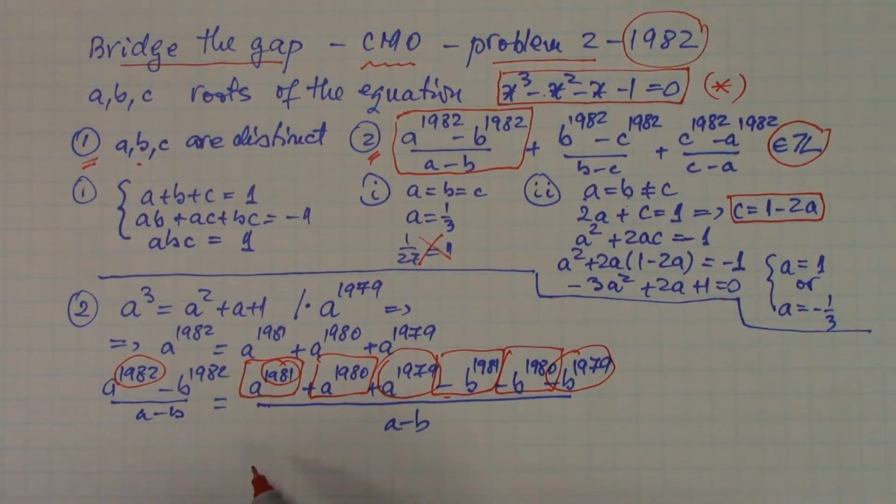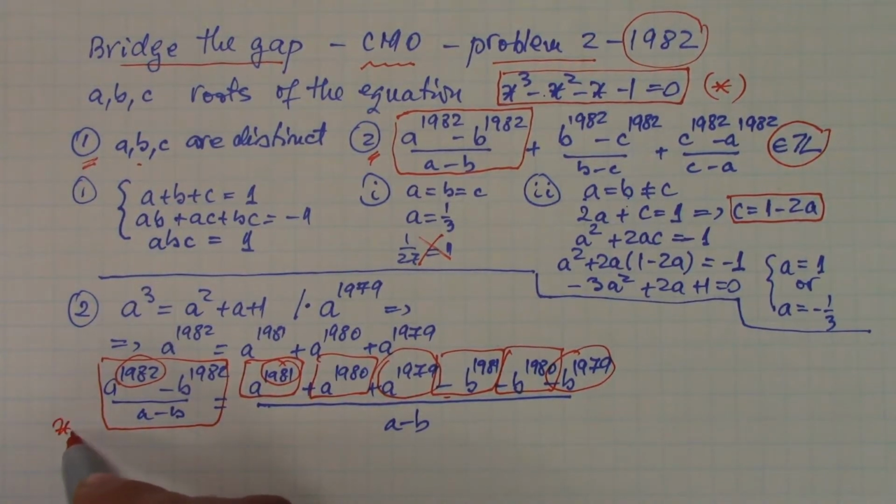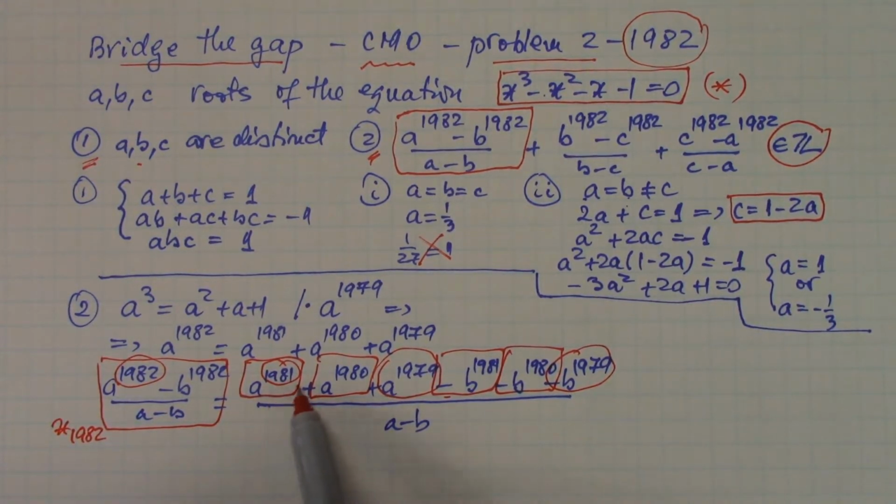So this makes me think, well, I need to set up a recursive relationship here. So basically, what you can do is the following. For example, if we call this x 1982, then the corresponding differences for 1981 we call x 1981 and so on and so forth.